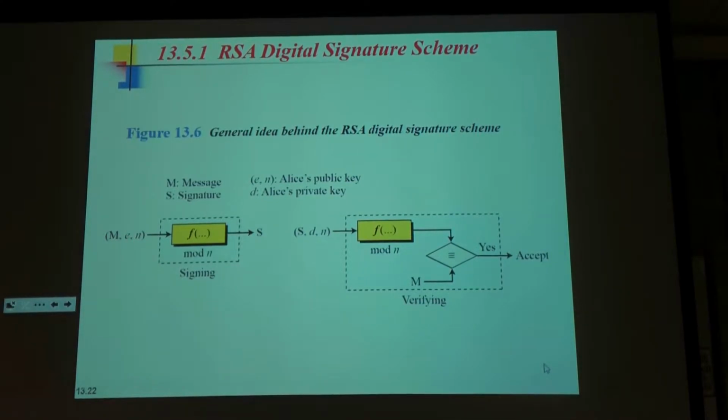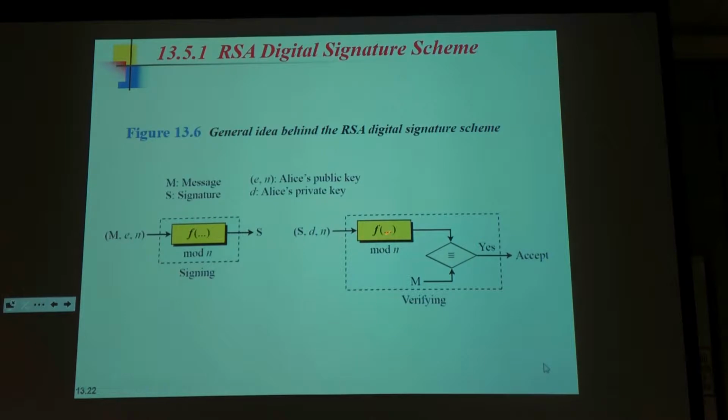You have to sign with the private key. This is a mistake, by the way. It should be d in here, because that's the private key, right? You sign, and then you generate the signature. You send the signature, and then you try to verify it. So d should be here, e should be here.